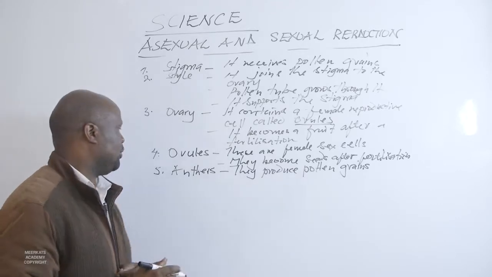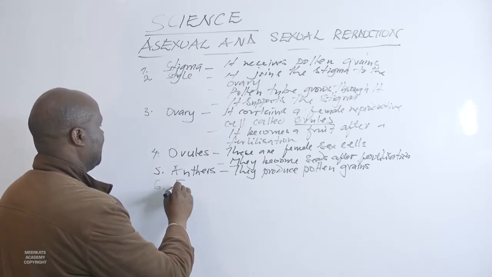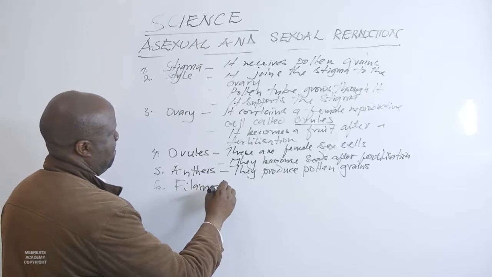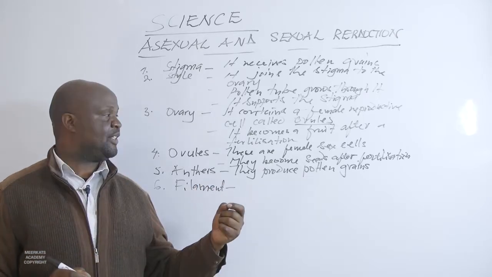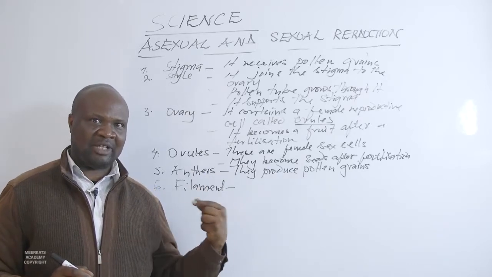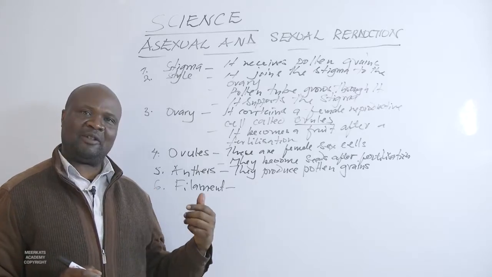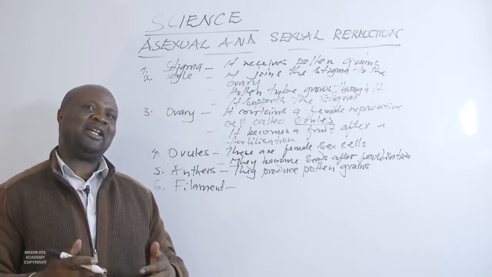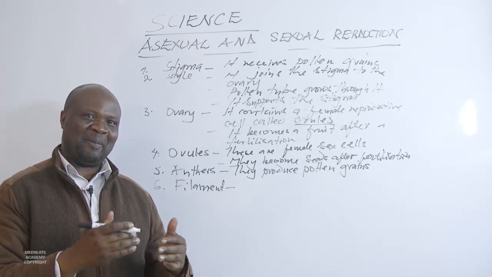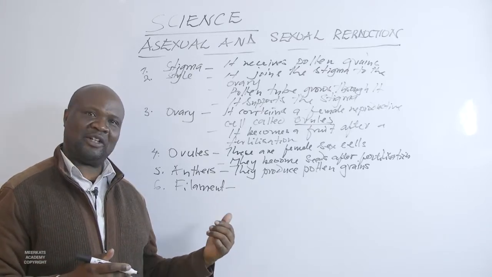We shall also look at the sixth part of a flowering plant, and we call that sixth part the filament. We had already seen this filament when we were looking at a simple diagram of a flowering plant. What is the filament? The filament is part of the male part of a flowering plant. What is its major function?